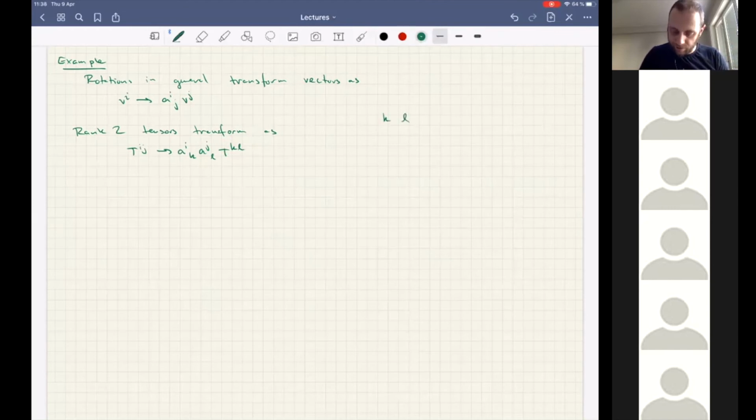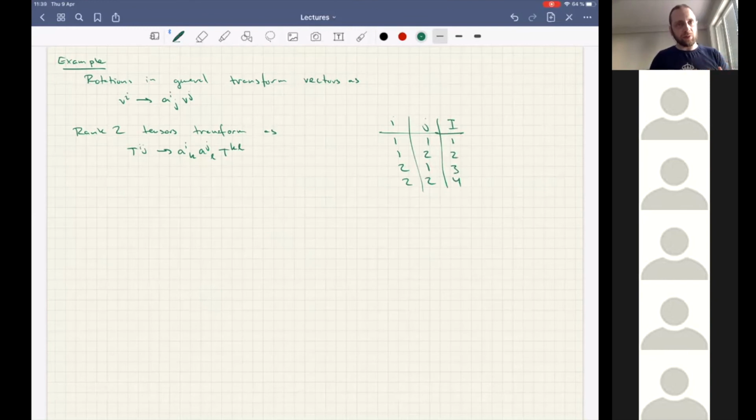Let's write I and J instead. The possibilities are 1,1, 1,2, 2,1, and 2,2. And we can just number those. We can introduce some other index I, and call those 1, 2, 3, and 4.